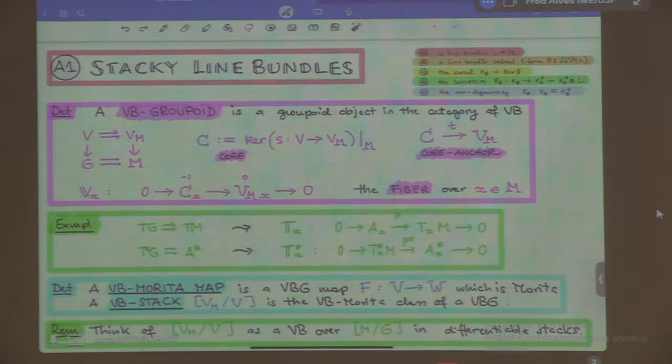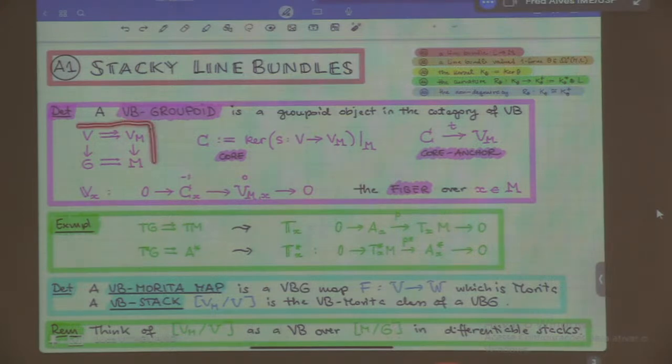In order to do this, I need first to recall what a VB groupoid is. A VB groupoid is a groupoid object in the category of vector bundles. It means we have a diagram whose rows are Lie groupoids, the columns are vector bundles, and everything is compatible. In particular, the Lie groupoid structure maps are all vector bundle maps.